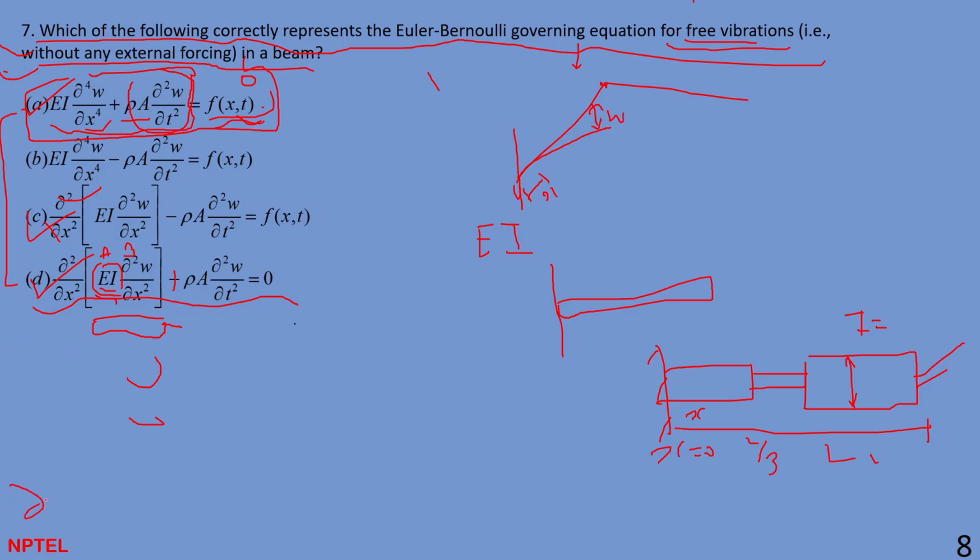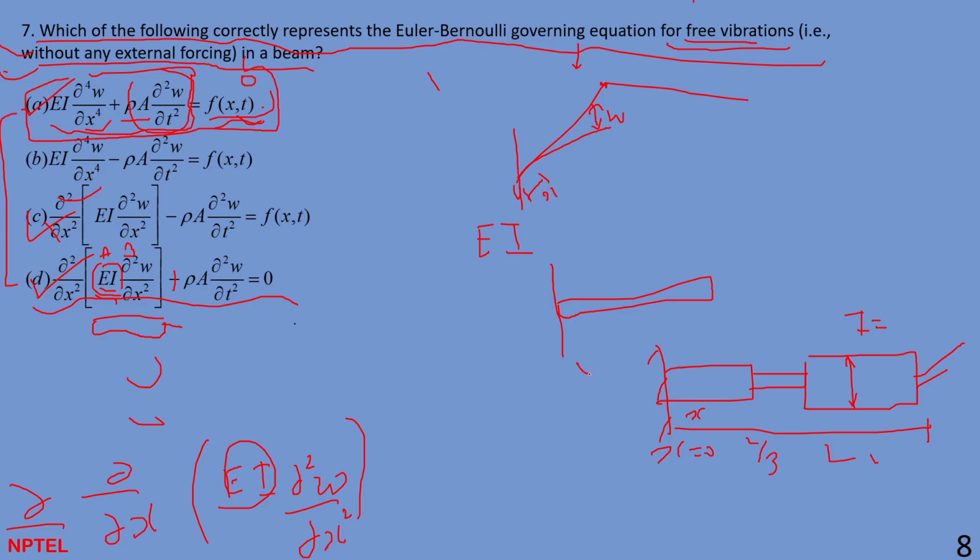So when you partially differentiate, dou by dou x, and apply the product rule, this term will be differentiated with respect to L.